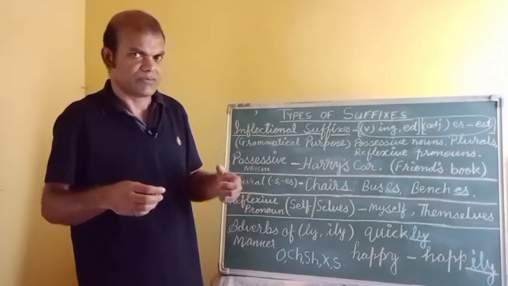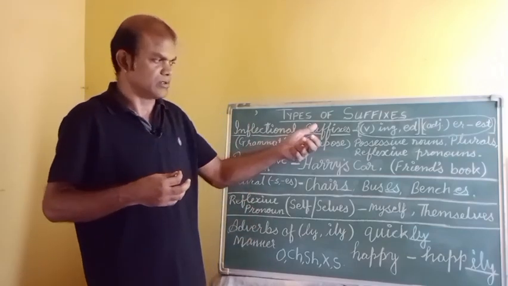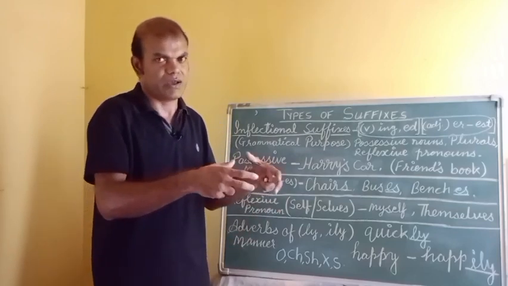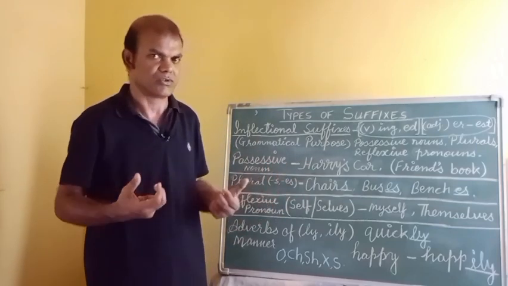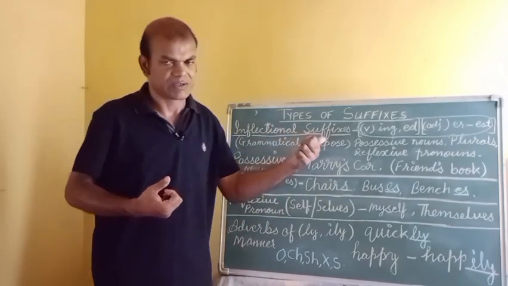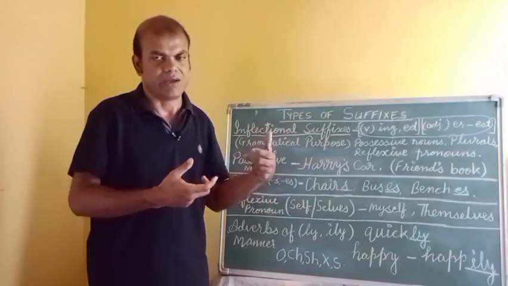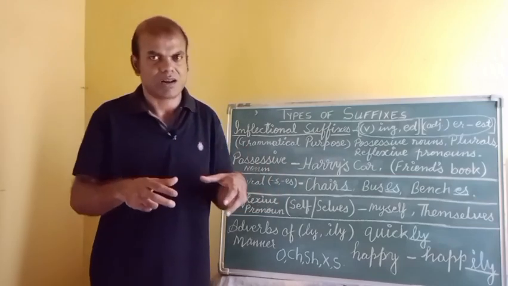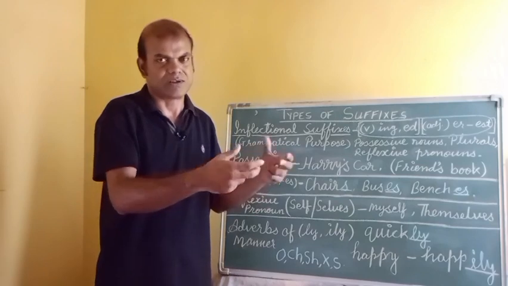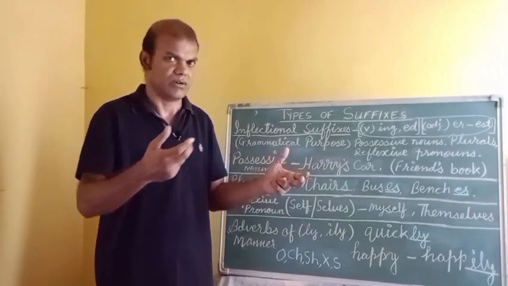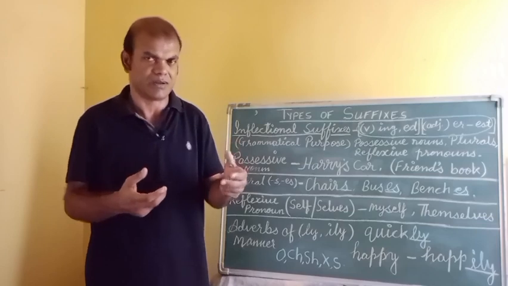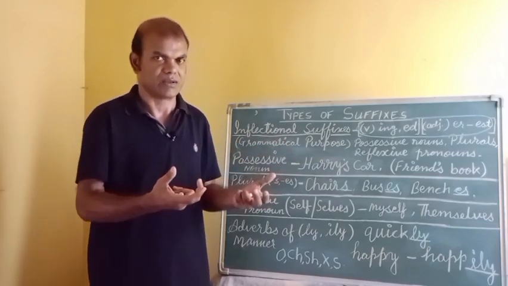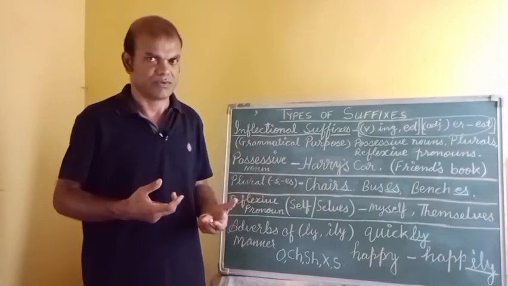So there are some things we must keep in mind while using these suffixes. We should know where we should use them or where we should not use them. Now these suffixes are not used with irregular verbs or irregular plurals. Irregular verbs are those with different spellings. The forms of the verbs, present participle and past participle, you will see in different spelling. They are known as irregular verbs.